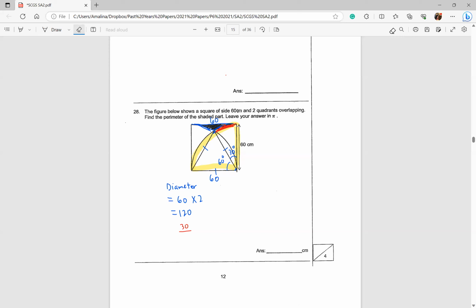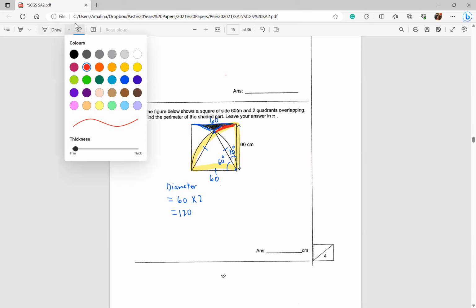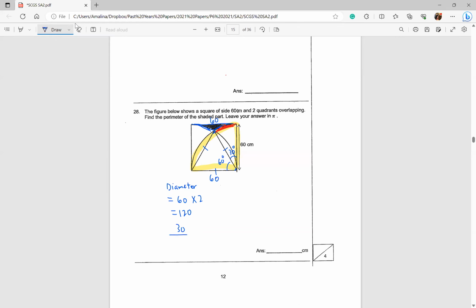This one should be 30 over 90, because I'm talking about this part out of the entire quadrant. So if I look at the angle, this small angle is 30 out of the entire quadrant, which is 90. And this gives me 1 over 3.